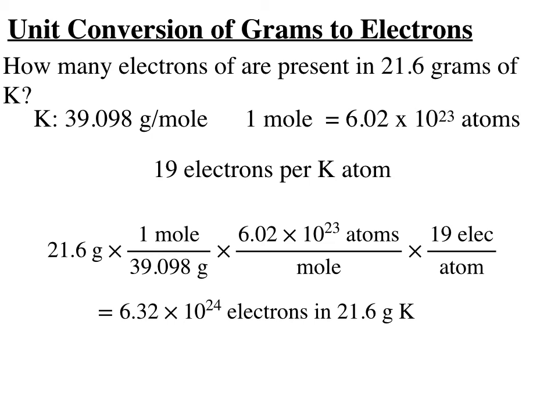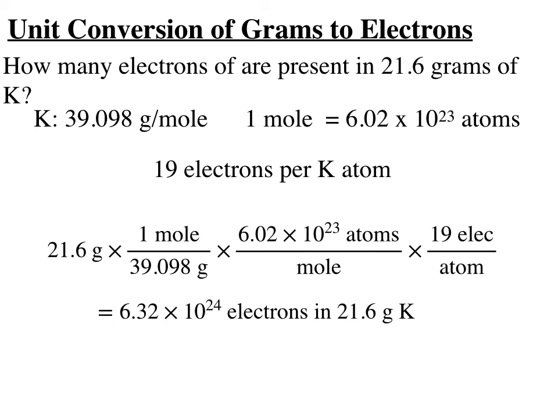I begin with my 21.6 grams of potassium. I eliminate the grams of potassium by taking the molar mass. Essentially, I'm dividing by the molar mass, lining up the grams on the bottom, moles on the top. If I stop there, my answer would be in moles of potassium. I apply the second conversion factor to take my moles of potassium into atoms of potassium.